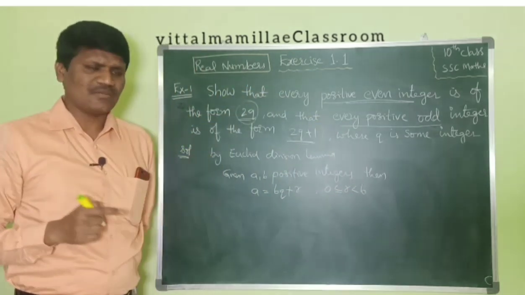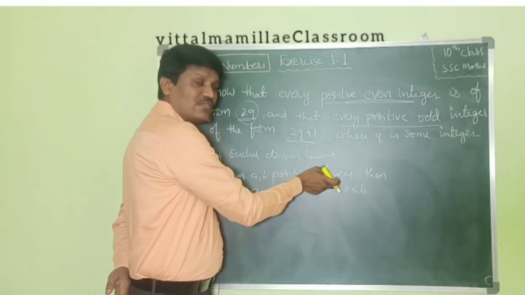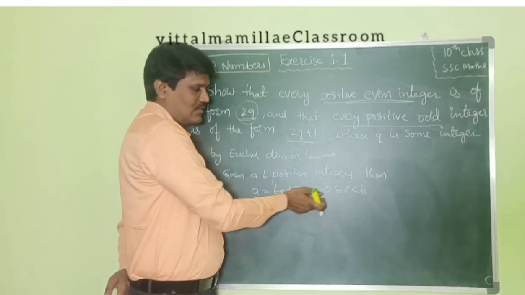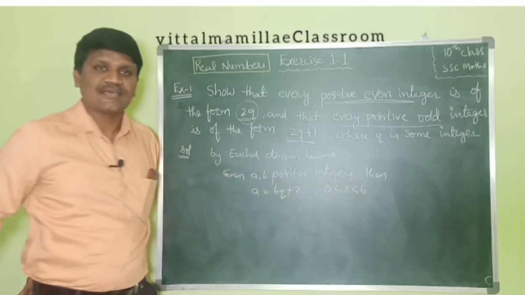This is the Euclid division lemma. Actually, given a, b positive integers, there exist q, r satisfying the equation a is equal to bq plus r where 0 less than or equal to r less than b.